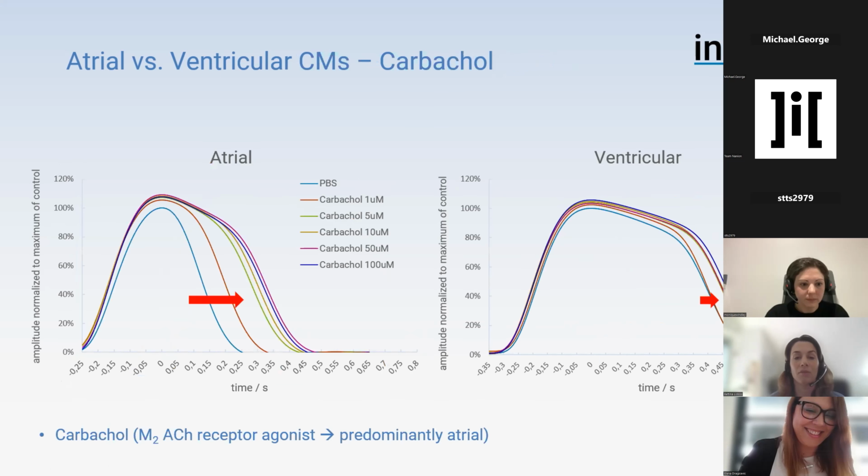Looking at the results of carbachol, which is an acetylcholine receptor agonist, working predominantly on atrial cells, we were expecting a strong effect on the atrial cells, which we also saw. We can see a strong, concentration-dependent duration prolongation from 1 micromolar carbachol up to 100 micromolar carbachol. For ventricular cells, we see a similar effect, but much smaller in comparison to the atrial ones.